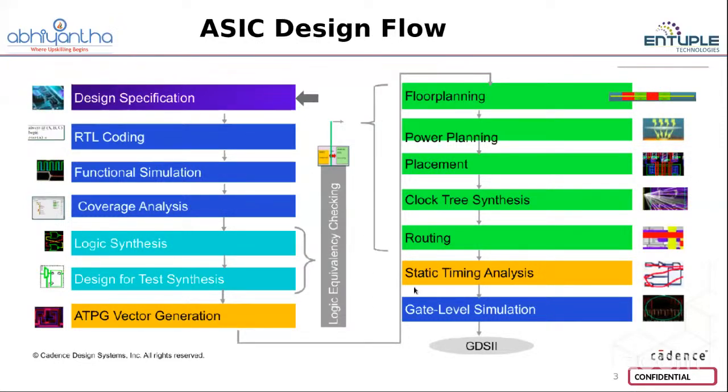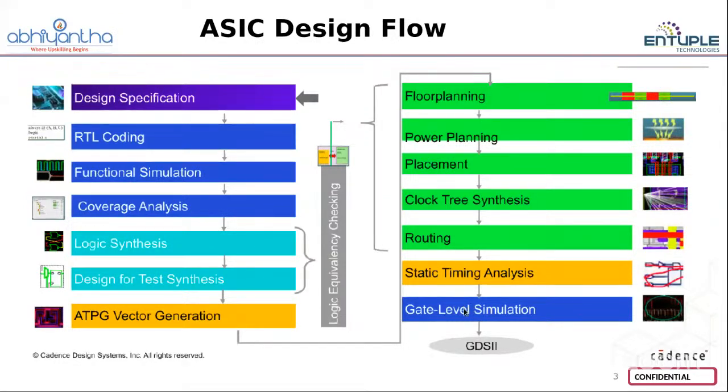After all this checking, we go for the final STA timing closure, where we do the timing analysis, that is static timing analysis as well as dynamic timing analysis. But comparatively, static timing analysis is done most frequently. Then we do gate level simulation.